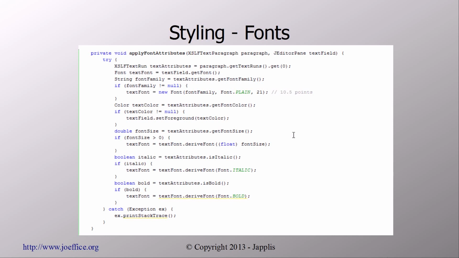So just read it from the model and apply it to your component, whether it's a text field or JLabel. In this case it would be a JEditorPane. We've changed the text field to a JEditorPane because here you can more easily apply attributes, and you can also apply different attributes.